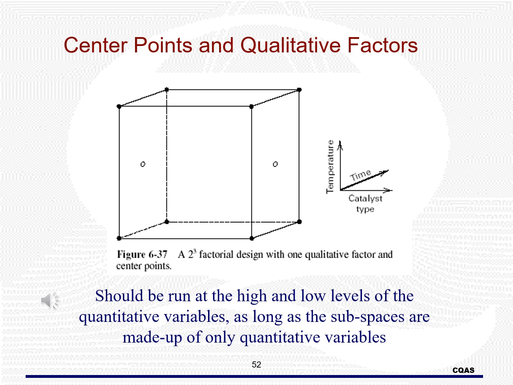The center point would consist of the temperature and time at their middle levels, and catalyst type at either the high or low level. Then another center point would need to be run at the other level of the catalyst type. Notice on the cube that we have a center point on both faces for the catalyst type factor. So if we wanted 4 center points, we would actually need to run 8 overall, 4 at the low level of catalyst type and 4 at the high level.